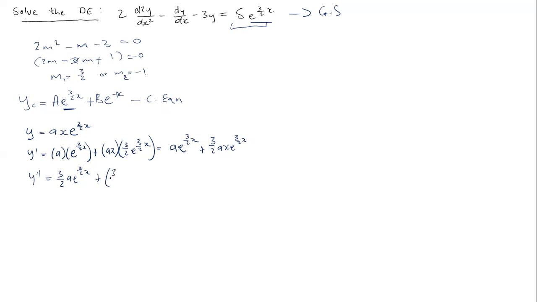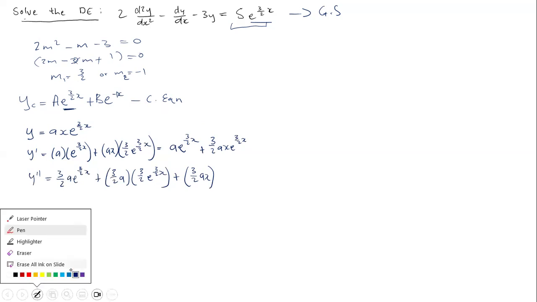So I'm going to have 3 over 2a multiplied by, when I differentiate this, e to the power of 3 over 2x, I'm going to have 3 over 2 e to the power of 3 over 2x, close my bracket, plus I'm going to keep this one, 3 over 2ax, then oh, I did a mistake.